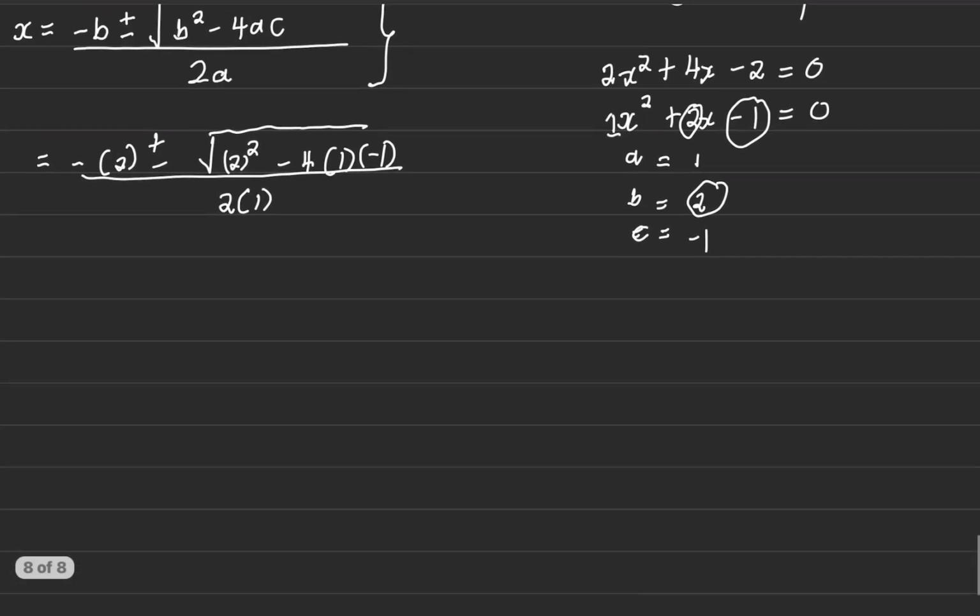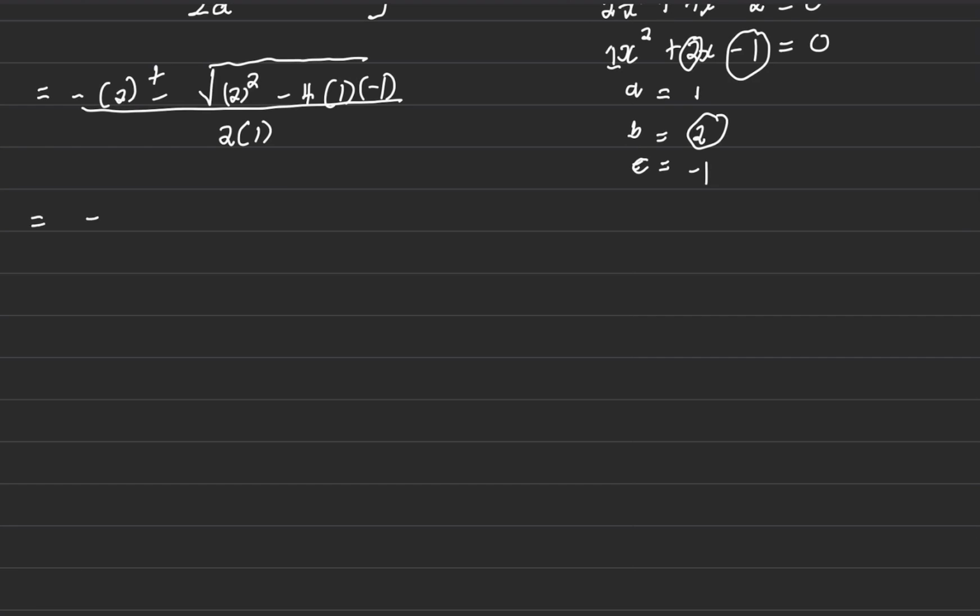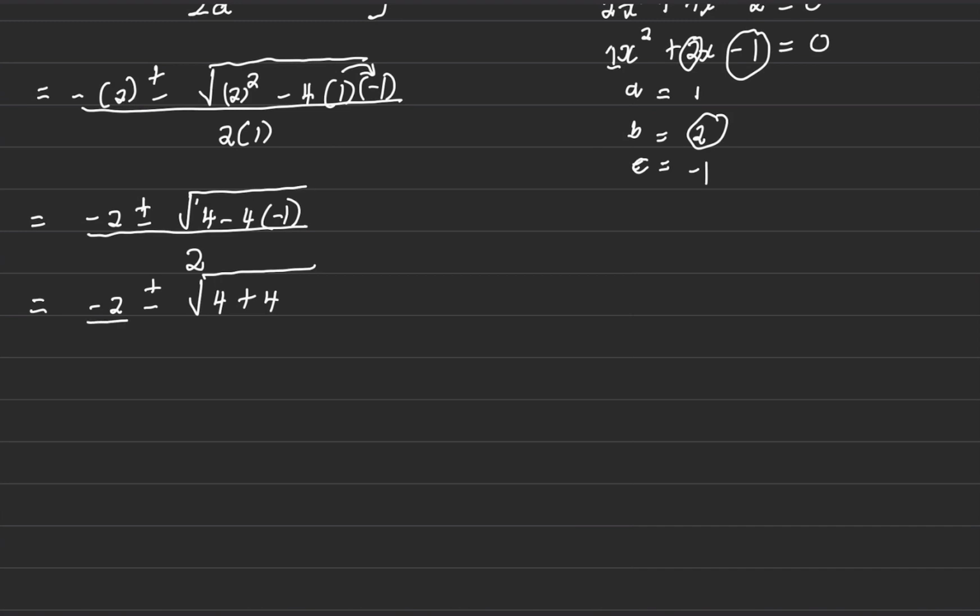Therefore we have that. And then we continue, so we are going to have minus 2 plus or minus the root of 4 minus 4 into minus 1, because 1 multiplied by minus 1 is minus 1, all over 2, which is equal to minus 2 plus or minus the root of 4 plus 4 all over 2, which is equal to minus 2 plus or minus the root of 8 all over 2.